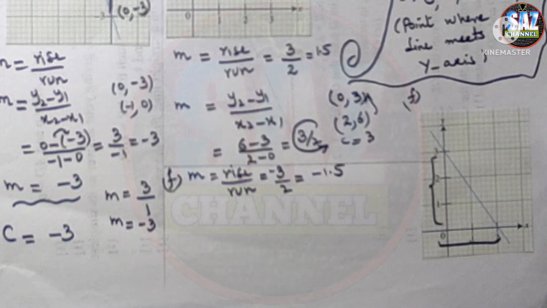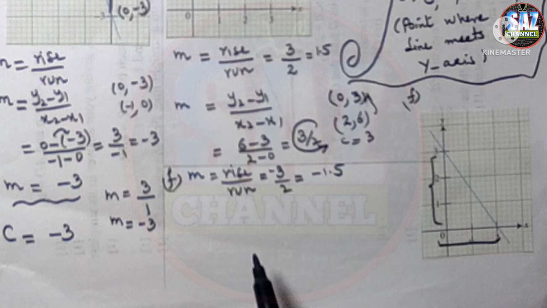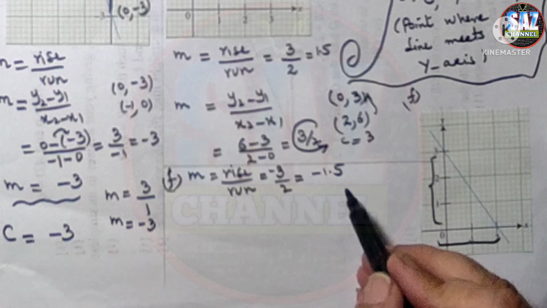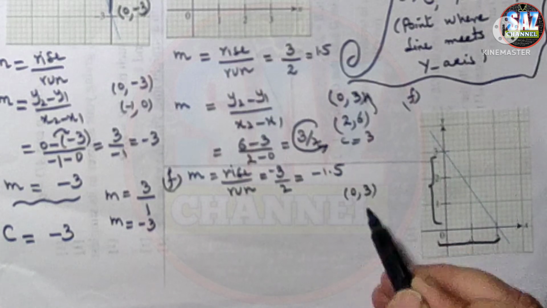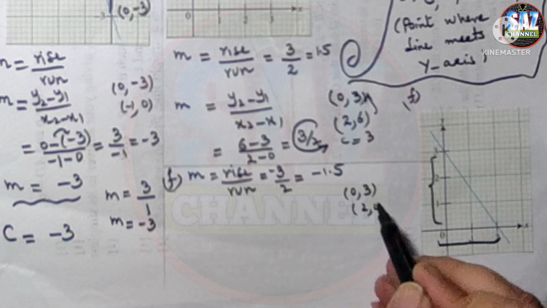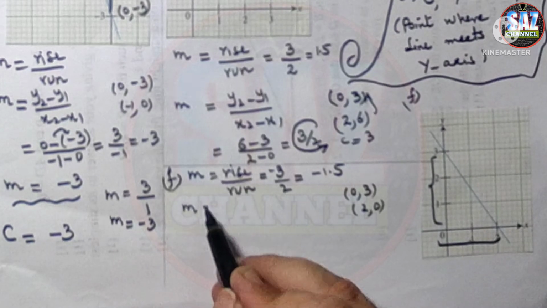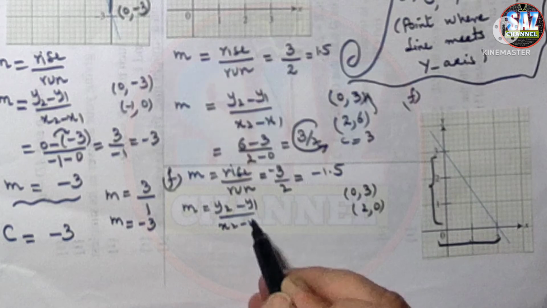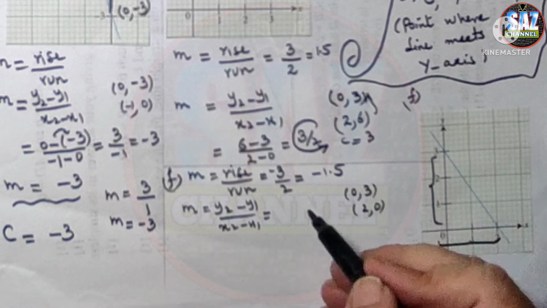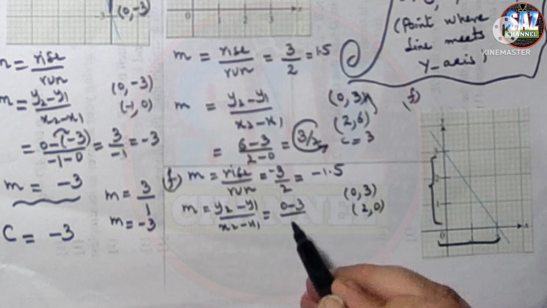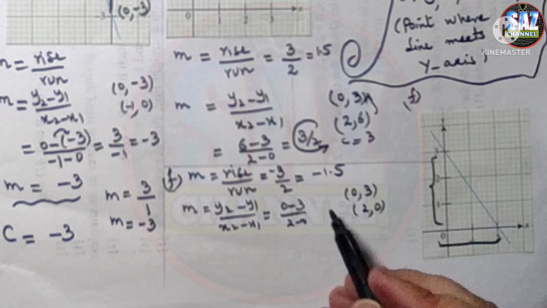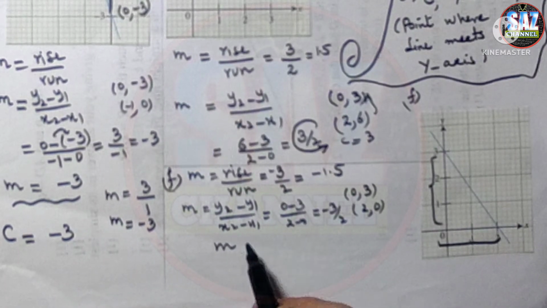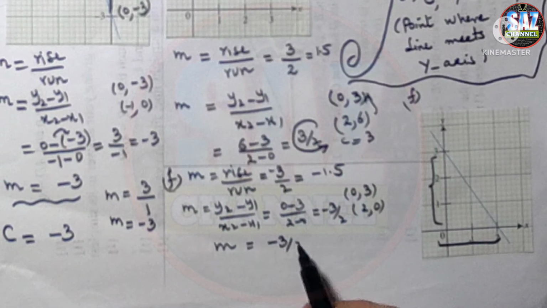And moving to the calculation of gradient with the help of the formula, for that purpose you can take, students, any 2 points like (0, 3) and (2, 0), and use the formula m equals y2 minus y1 upon x2 minus x1, 0 minus 3 upon 2 minus 0, and this will give me minus 3 by 2. m equals minus 3 by 2 or minus 1.5.